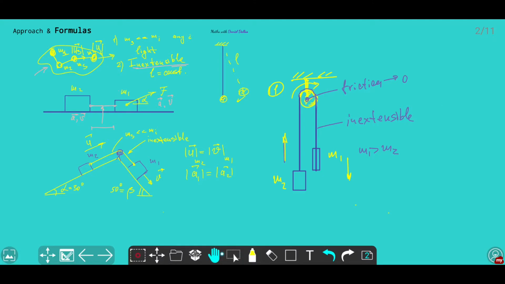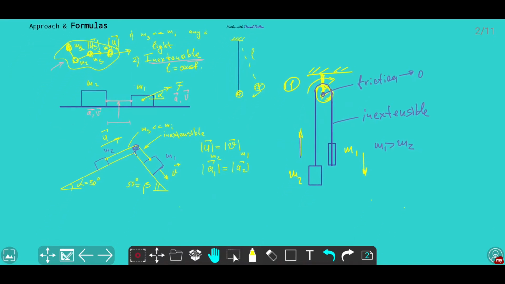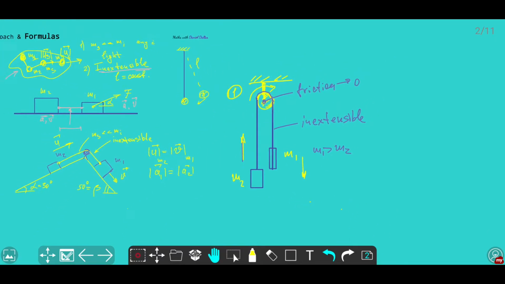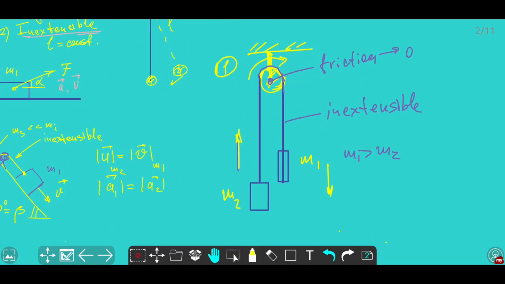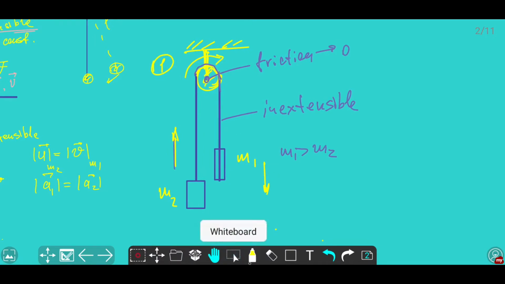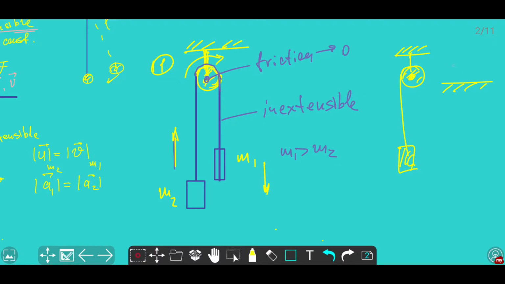And in case 2, I'll just give you a brief idea of how it can be done in order to just change direction. Have a look here. You have again the pulley, which is there, with a kind of suspension, and you have one object hanging on a string like this, and another object staying on the horizontal surface like that.